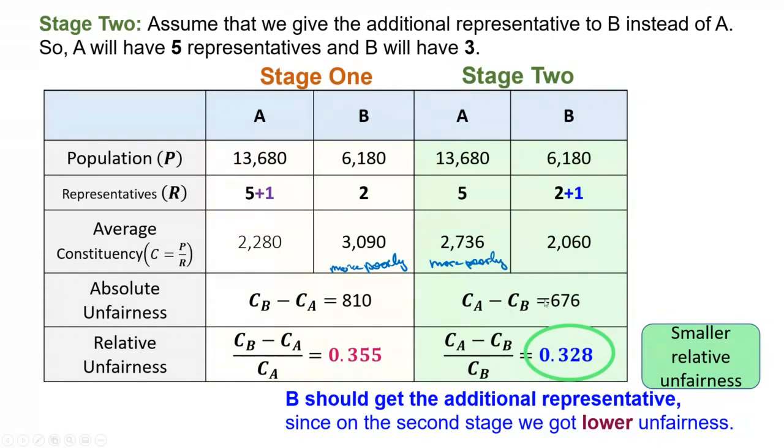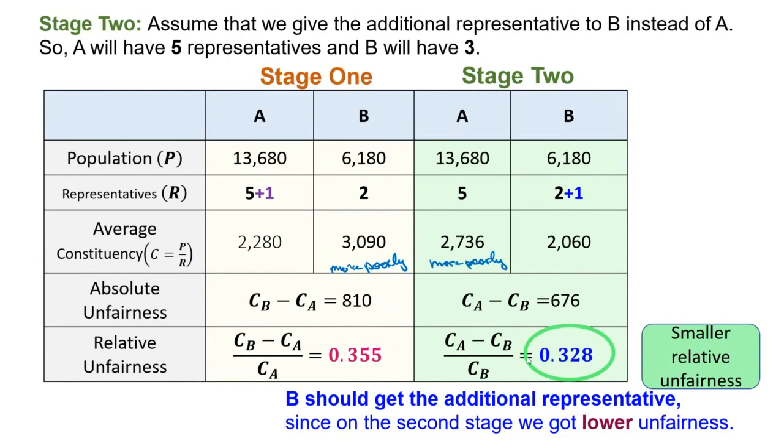And we find the relative unfairness. We subtract the constituencies and divide by the smaller one, 2060. And now we get the second relative unfairness, 0.328, and this relative unfairness on stage 2 is smaller than the relative unfairness on stage 1. It means it will be less unfair to assign this representative to B.